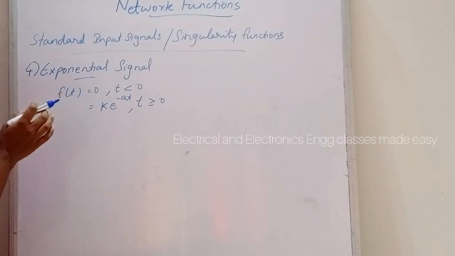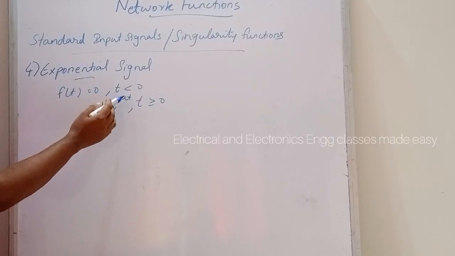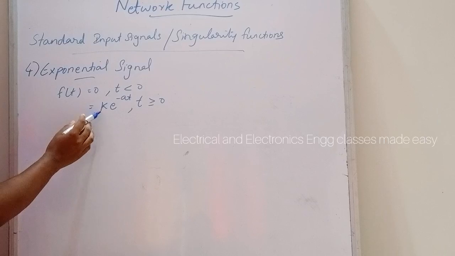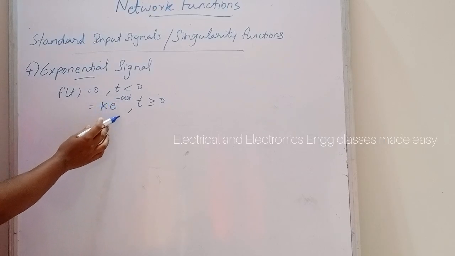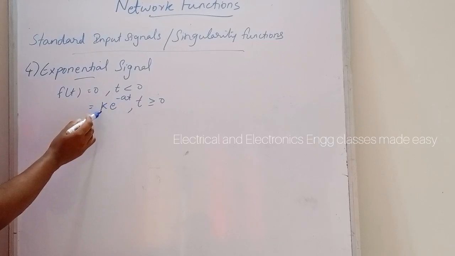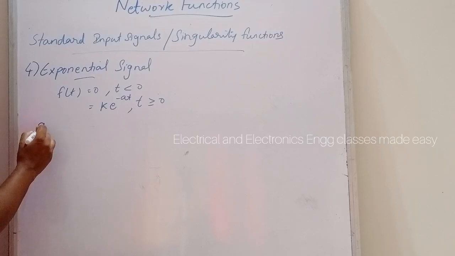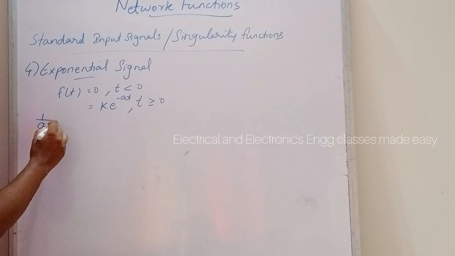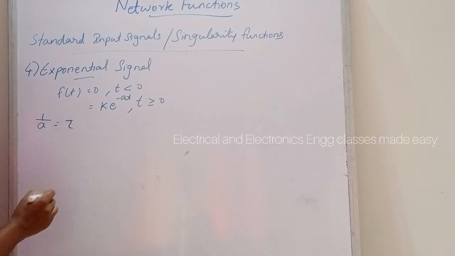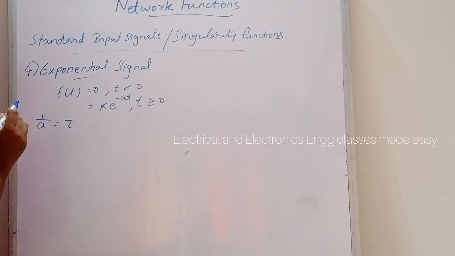Next is exponential signal. It is defined as f of t is equal to 0 for t less than 0 and equal to k into e raised to minus a t for t greater than or equal to 0, where a and k are real constants, and the inverse of a, that is 1 divided by a, is called the time constant tau.